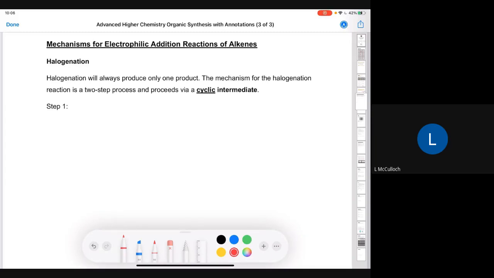Now, this is a very, very different set of circumstances that leads to this reaction, because what I'm going to do is just take the most basic of alkenes. I'm just going to look at ethene just to try and keep things as simple as possible.